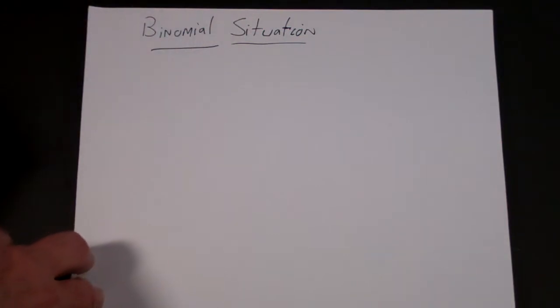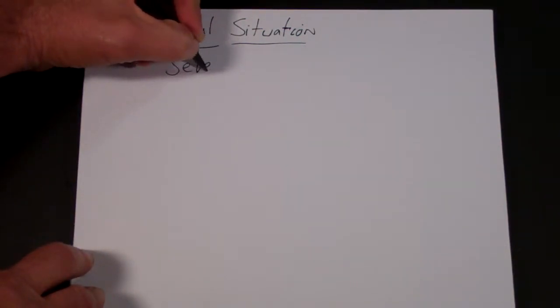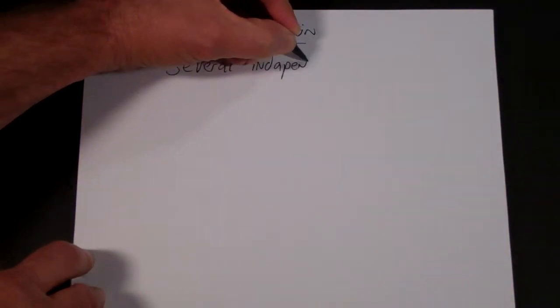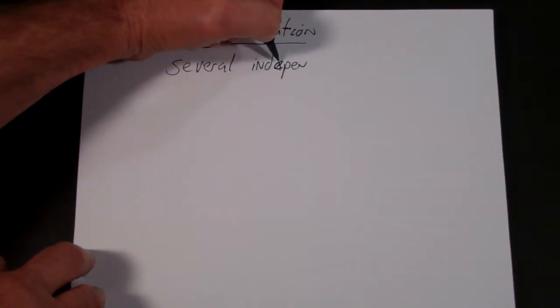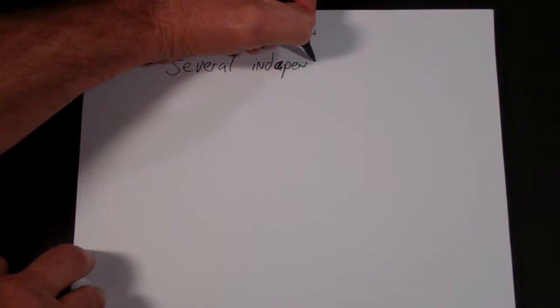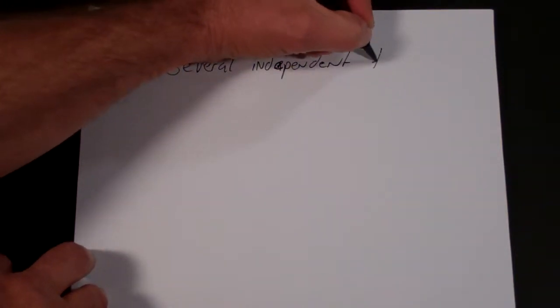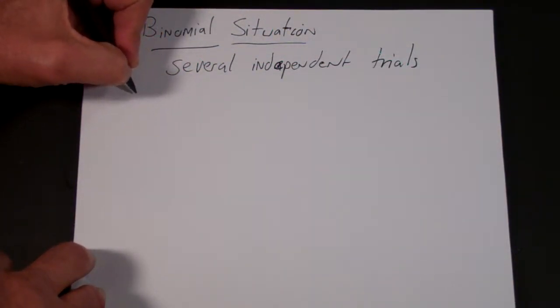And the binomial situation is when you have several independent trials with the following conditions.